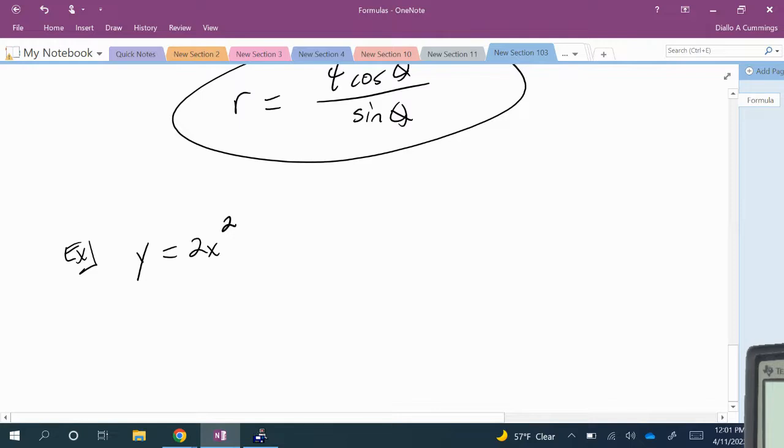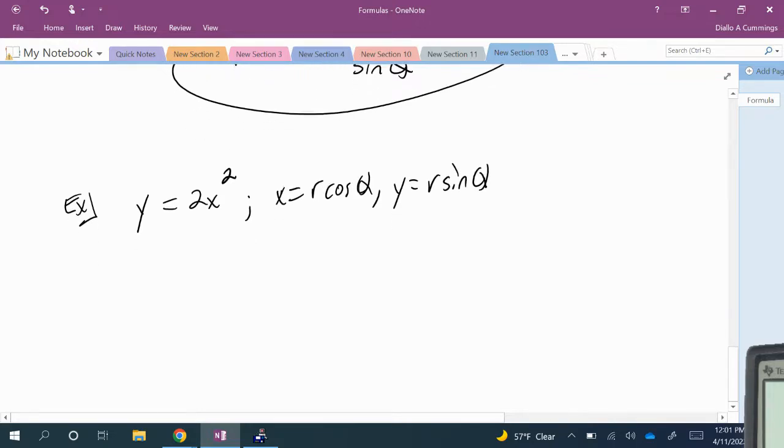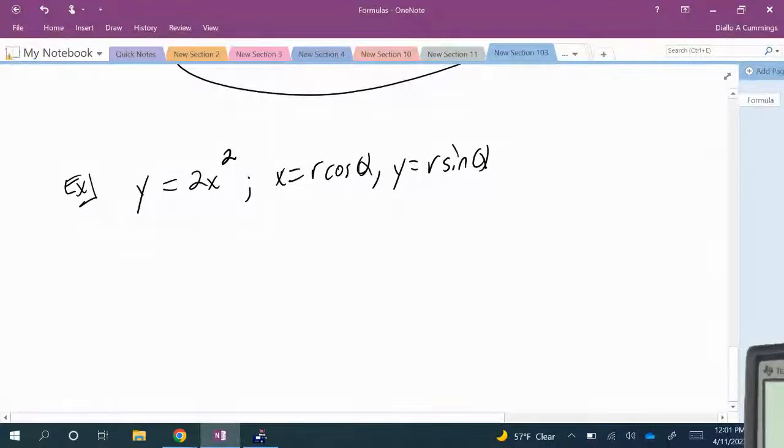Okay, y is equal to 2x squared. Same setup. We're going to substitute x for r cosine theta, and substitute y for r sine theta. So we have r sine theta is equal to 2 times r cosine theta squared.